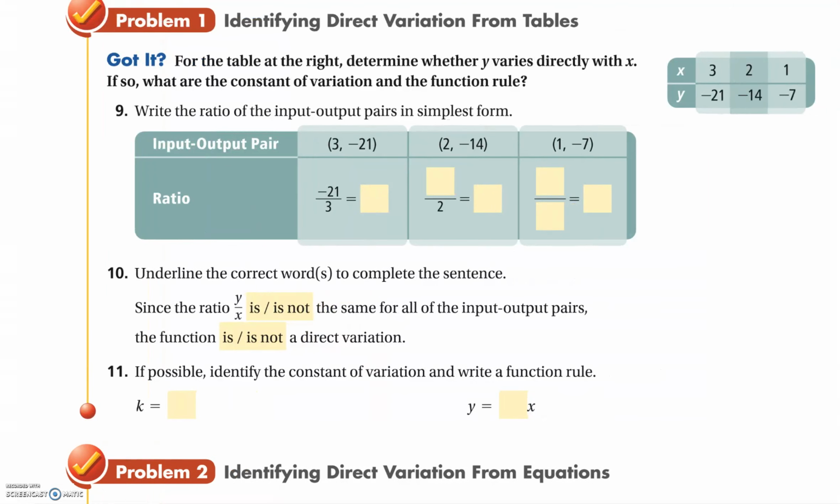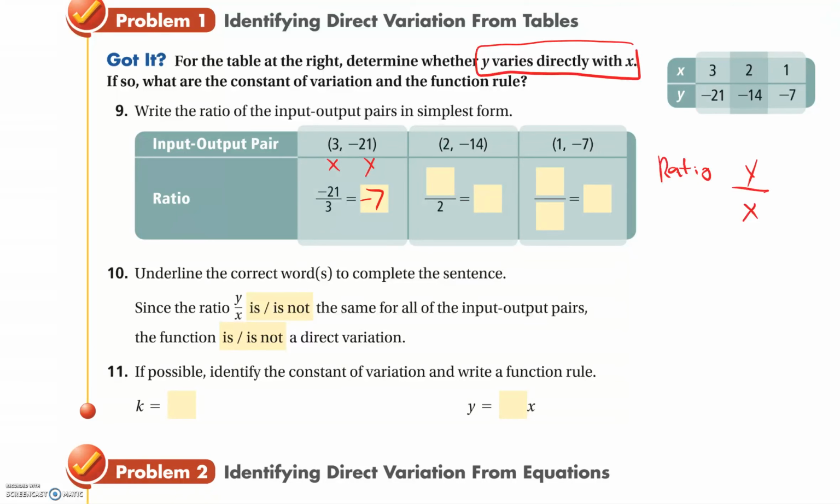Let's look at problem 1. We're trying to see if y varies directly with x. So we have to take the ratio of y compared to x. The ratio is just a fraction, remember. In this first one, we're comparing the x and the y value, but notice the x is on the denominator and the numerator is negative 21.